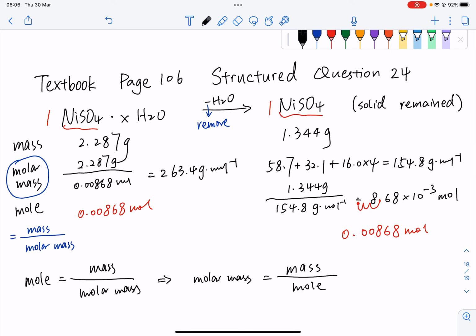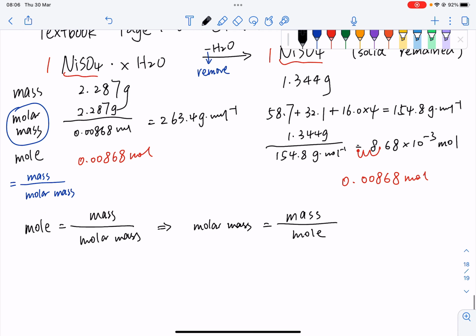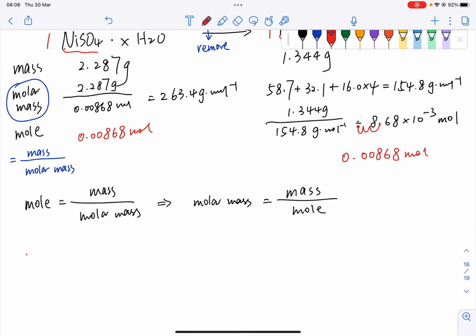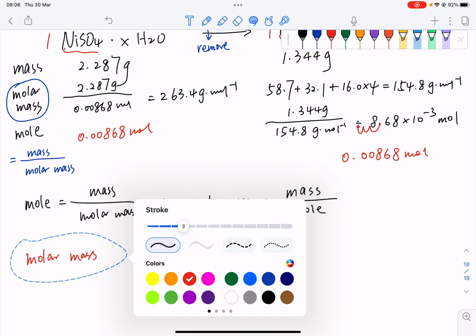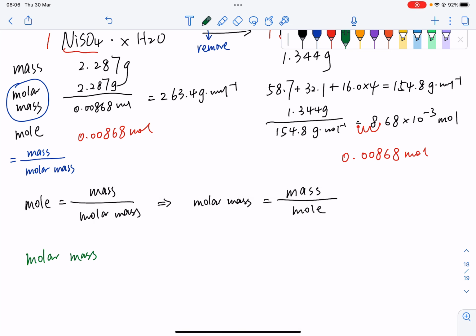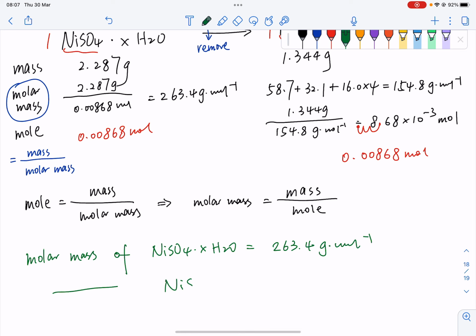So now we have the molar mass of hydrated nickel sulfate equal to 263.4 grams per mole, and the molar mass of anhydrous nickel sulfate equal to 154.8 grams per mole.